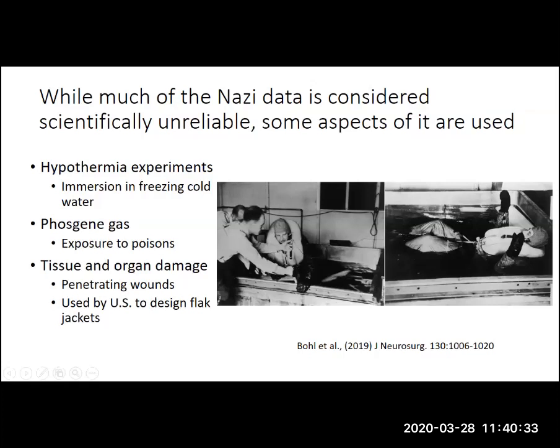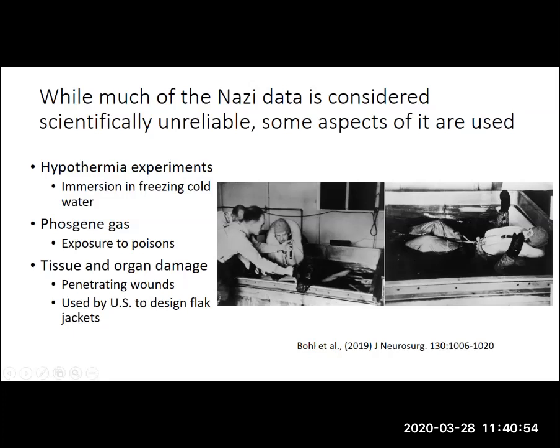They would do penetrating wounds in a whole variety of very disturbing ways. Gunshot wounds, knife wounds, blood trauma, to study the impact and the actions of those types of wounds within the body. And that's an example of one that's actually been used most recently.